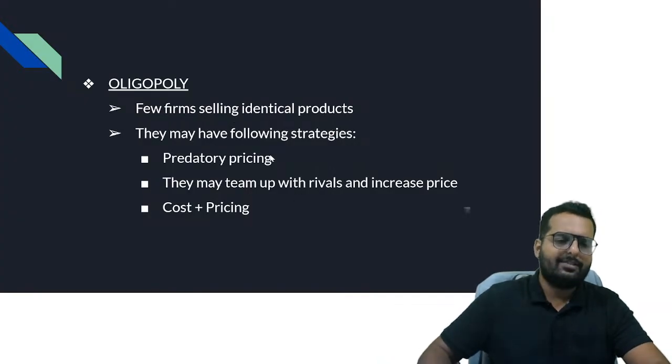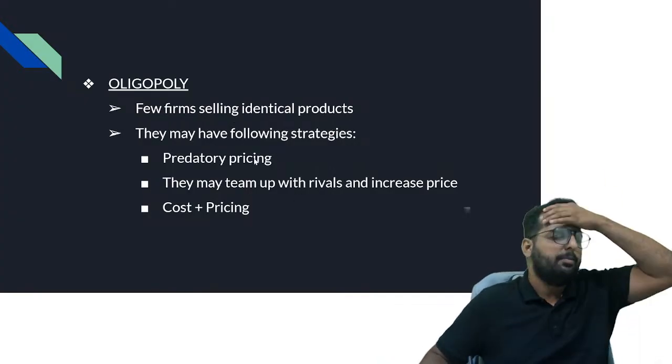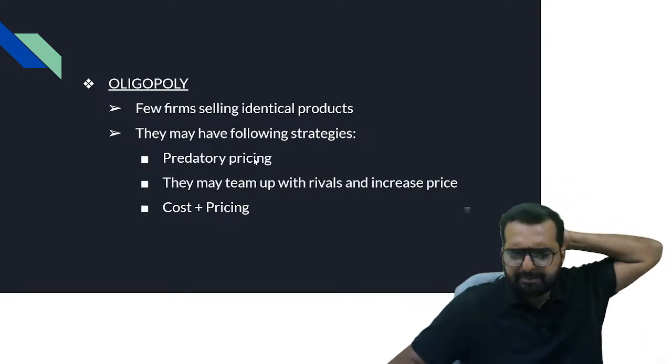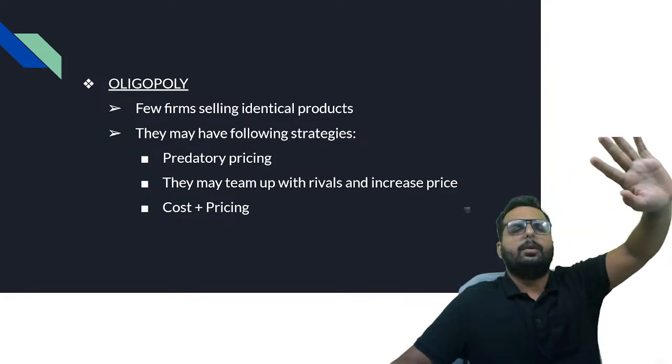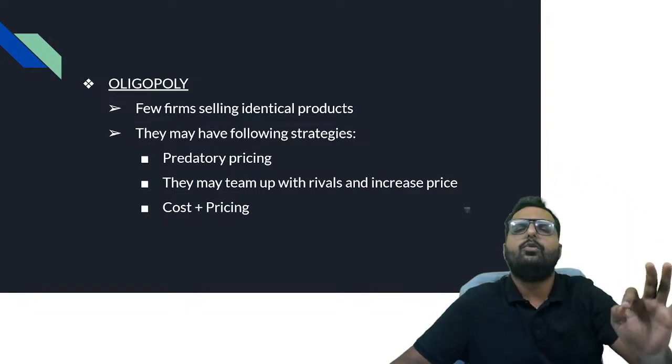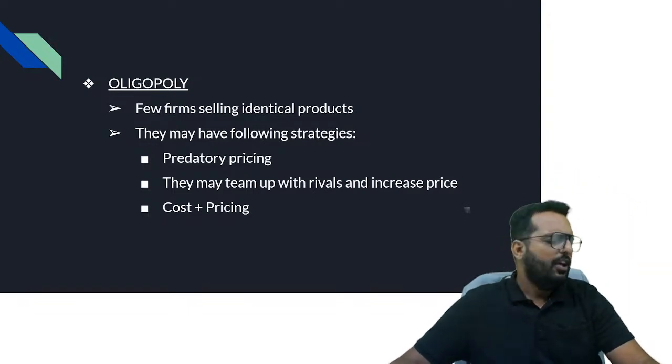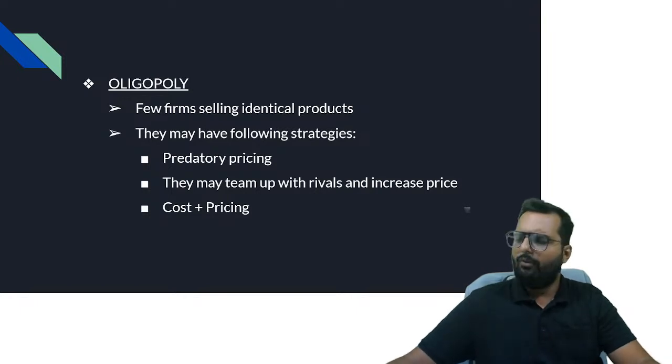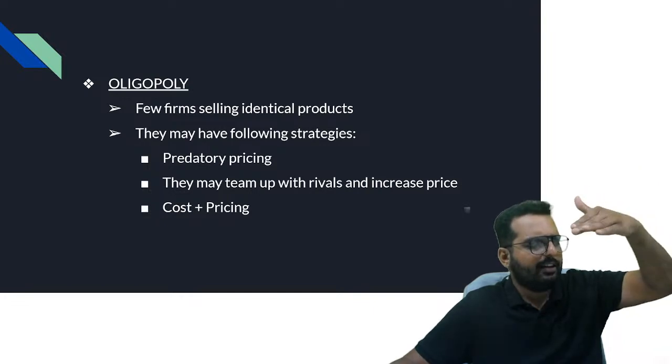They have the following strategy: predatory pricing. Friends, what do you mean by predatory pricing? Kill down the price to kill the competitors. This was done by Jio. Friends, when Ambani gave that 45 minutes of speech about how he's going to launch Jio, in that 45 minutes, Airtel, Vodafone, Idea, all these companies together, their prices started crashing down.